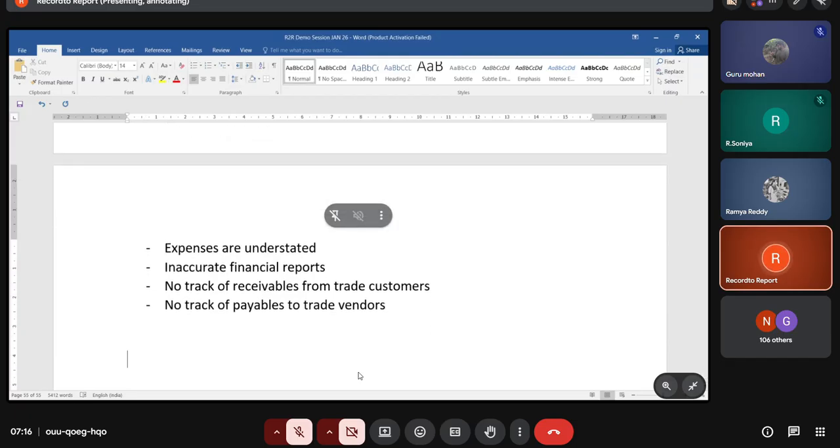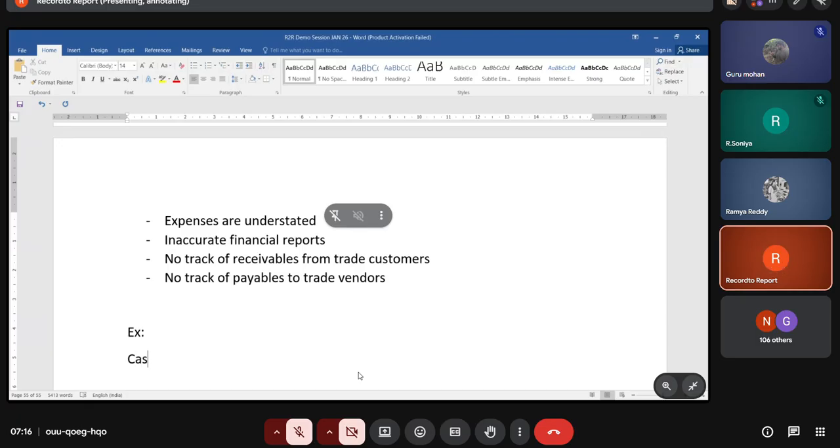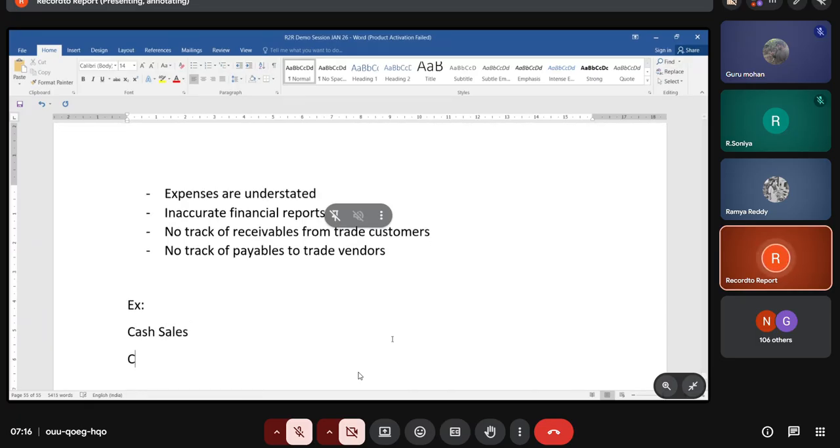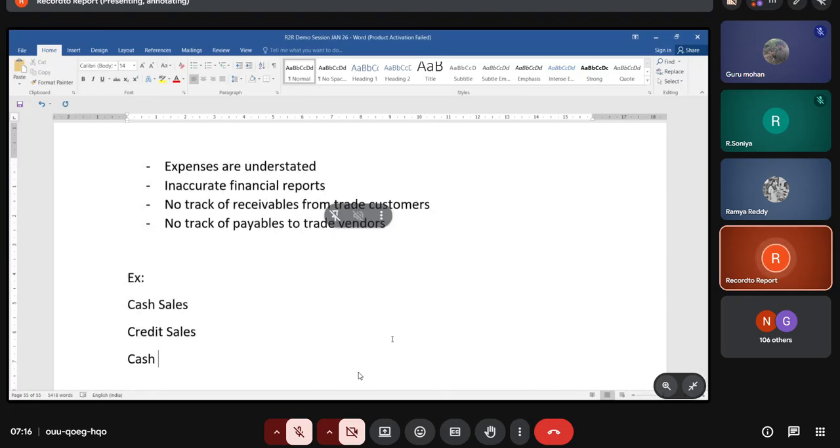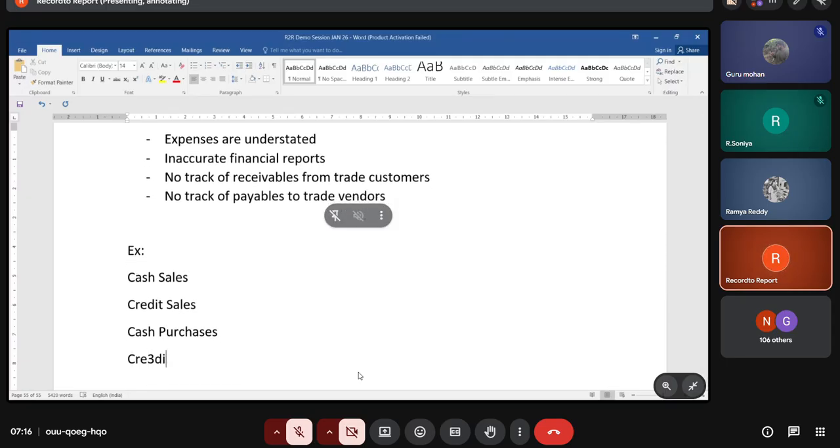Suppose, for example, assume there are two types of sales: cash sales and credit sales, and likewise cash purchases and credit purchases.